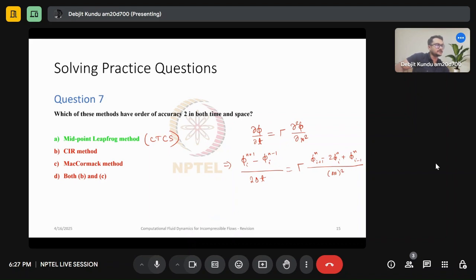So this first derivative gives you order delta t squared accuracy, and the spatial derivative also gives you order delta x squared accuracy. So your order of accuracy is 2 in both time as well as in space.